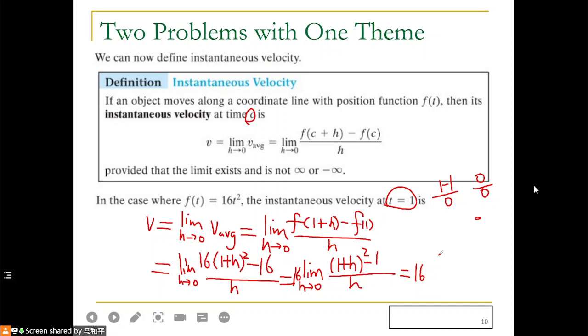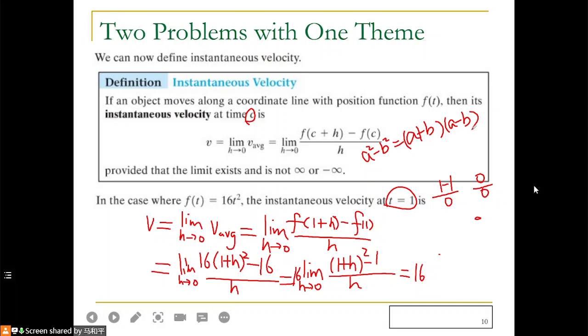Do you know this equality? a squared minus b squared is equal to (a plus b) times (a minus b).